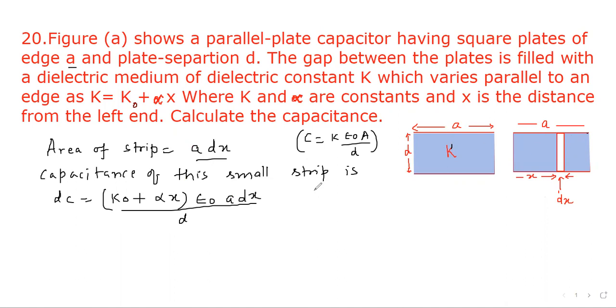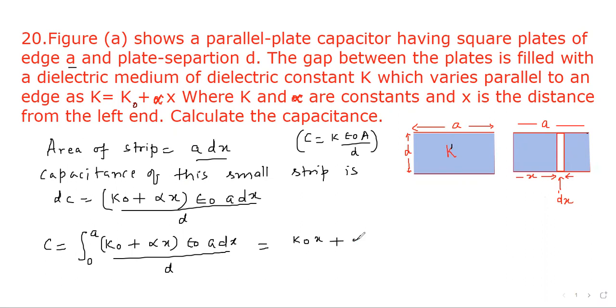So equivalent capacitance can be given by C equal to, we integrate with limits 0 to a, K0 plus alpha x times epsilon naught a dx divided by d. Now, to be integrated, this will become K0 x plus alpha x squared by 2, limits 0 to a, times other constants epsilon naught a divided by d.